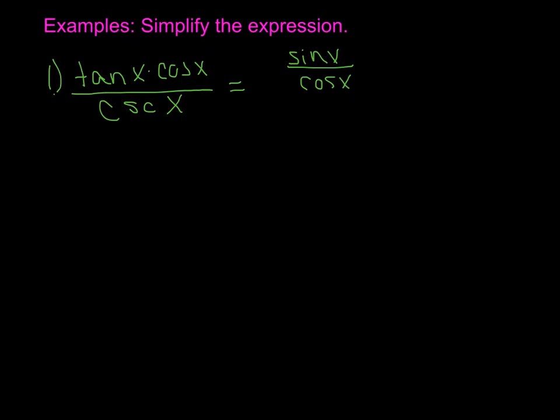So tangent x is sine x over cosine x times cosine x. And it's not over anything because it's just cosine, so it's over 1. Divided by cosecant x, which is 1 over sine x. So now I want to cancel anything I can.